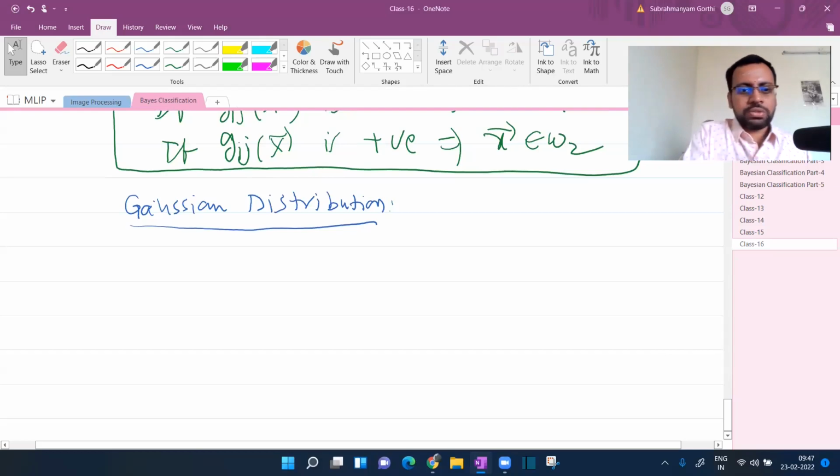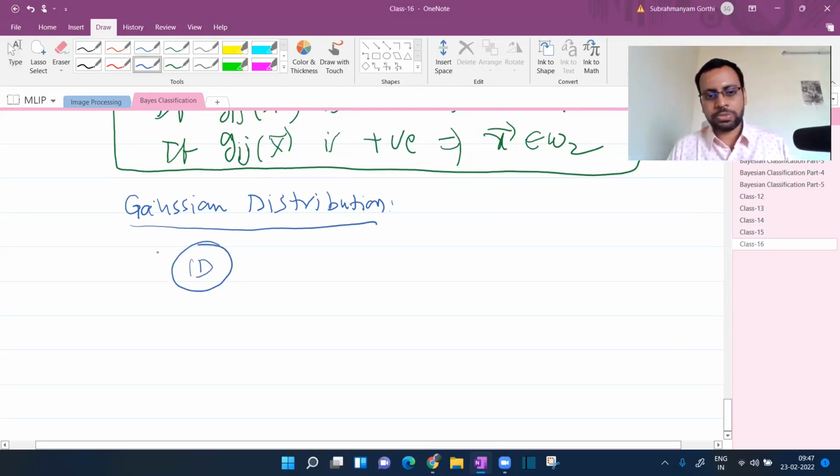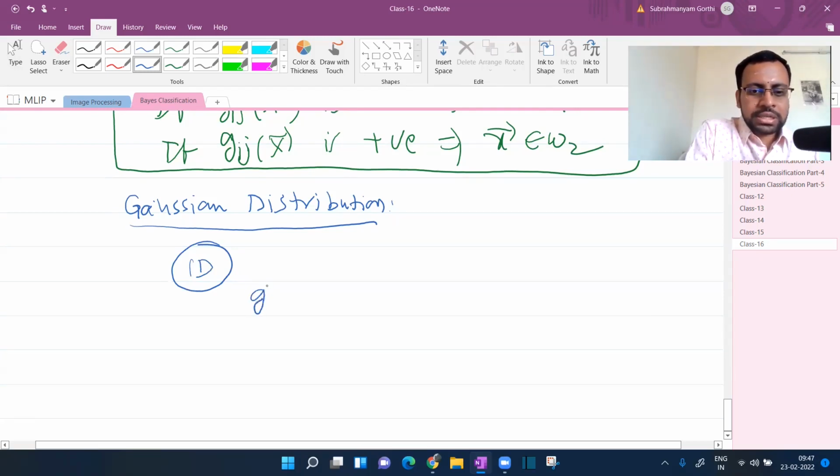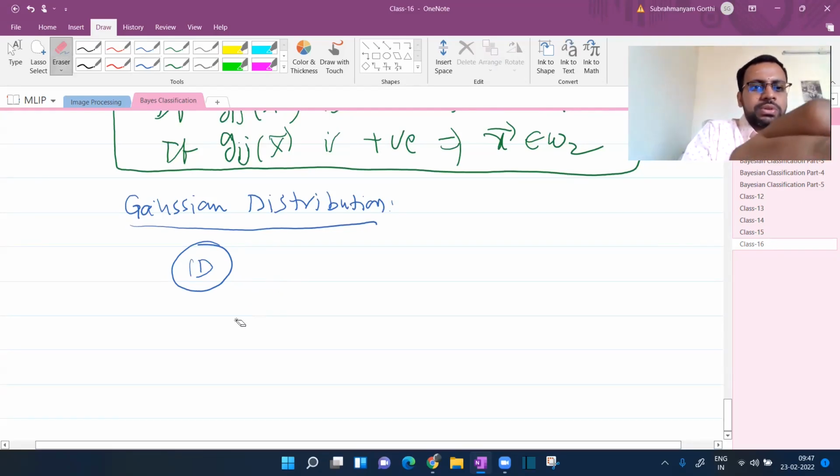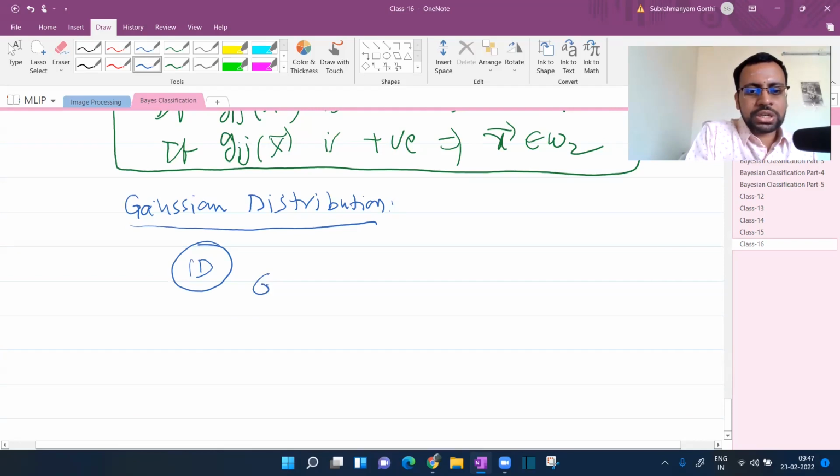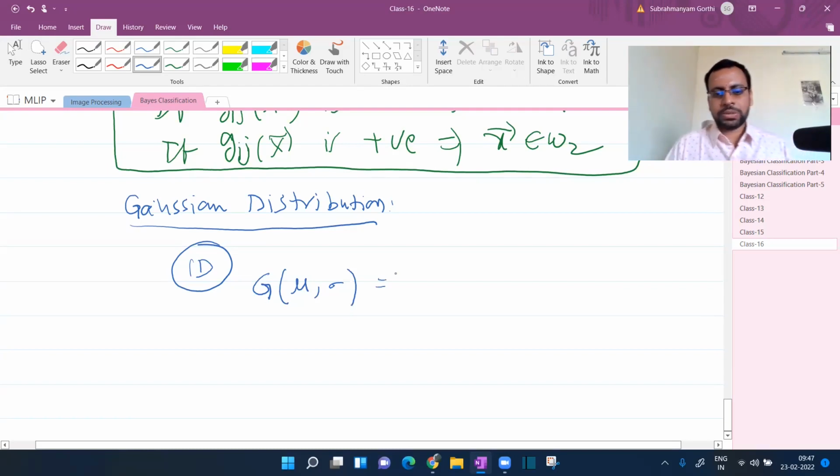So let's start with the 1D Gaussian distribution. Let me call it G, or maybe let us use a capital letter for this distribution. You have two parameters, mu comma sigma. How do you write this function G of mu comma sigma? 1 over.